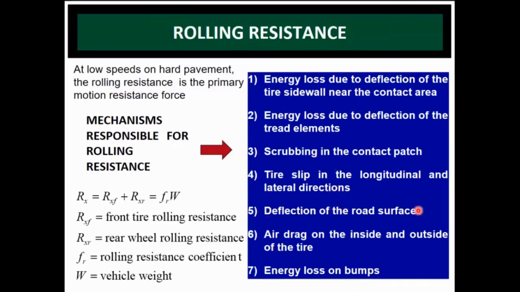Okay, and then this is the rolling resistance punya equation. Okay, summation of front tire rolling resistance and rear wheel rolling resistance equals FR. FR is the coefficient of rolling resistance times vehicle weight. Okay, vehicle weight. So go back to our first chapter.